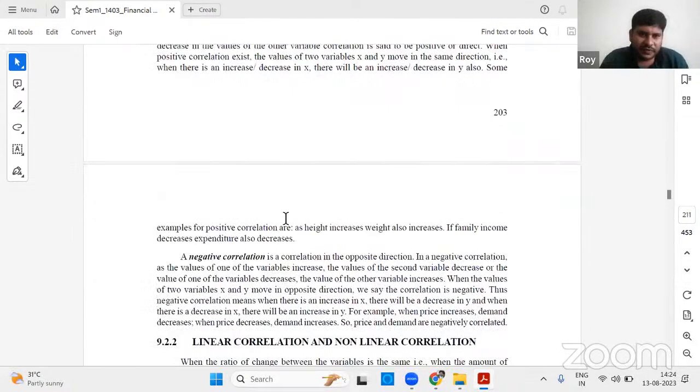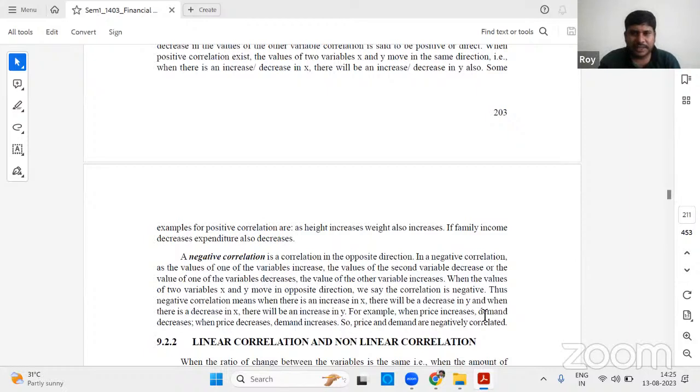Some examples of positive correlation: height increases, weight also increases. If family income decreases, expense also decreases. Positive here does not only mean positive values. Now, negative correlation is the opposite direction. In negative correlation, when the values of one variable increase, the values of the second variable decrease. If one variable is decreasing and the other variable is increasing, again, there is a negative correlation.